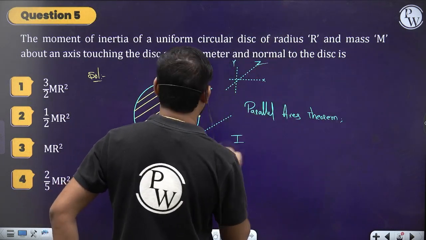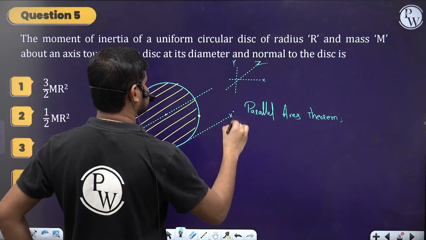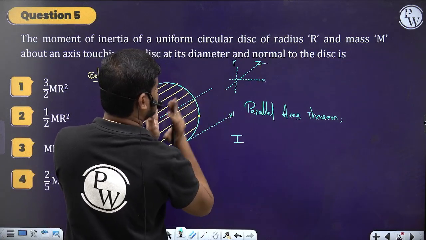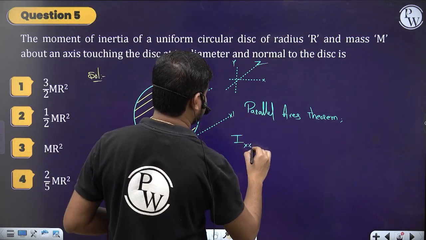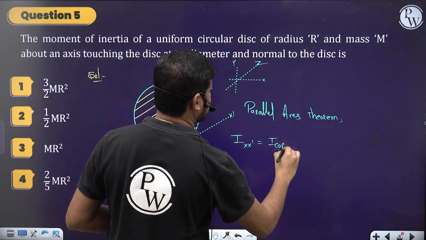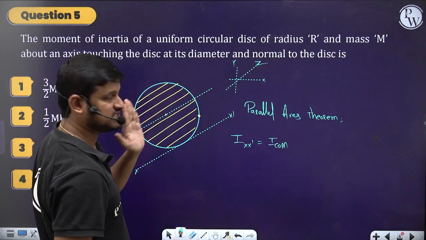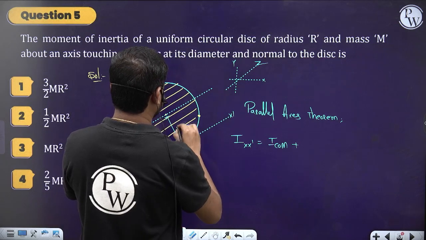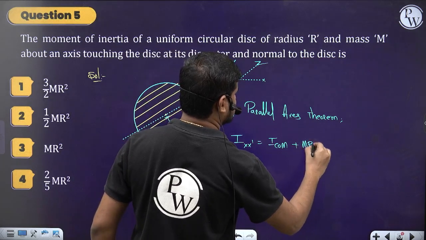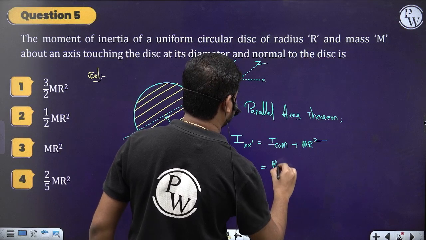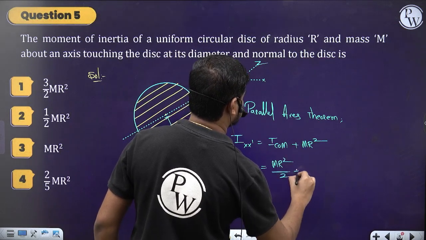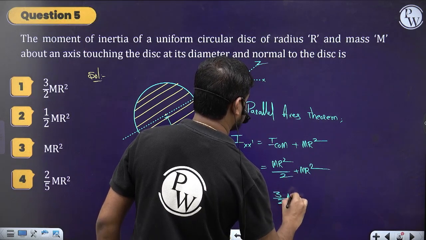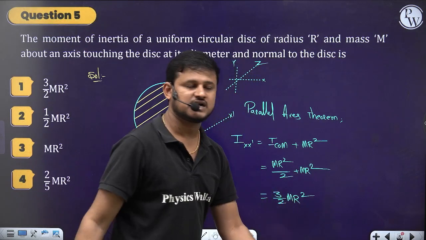About this axis we require, which is touching the diameter and perpendicular, normal to the disk like this, xx dash equals the moment of inertia about its center of mass plus, at a distance r, mr square. We already know mr square by 2 plus mr square, which is nothing but again 3 by 2 mr square.